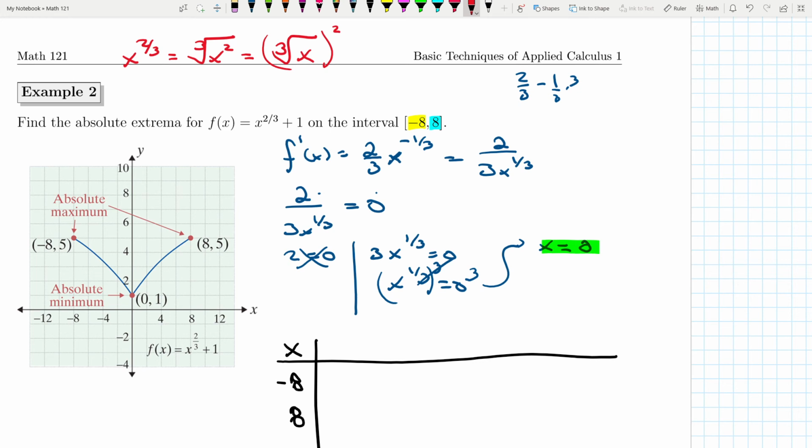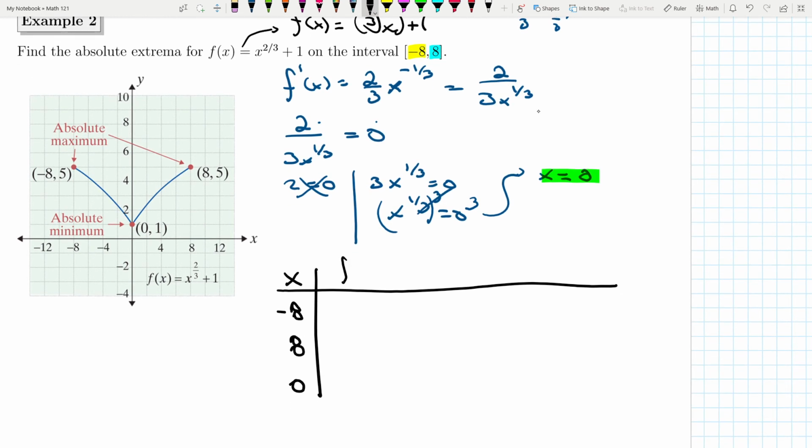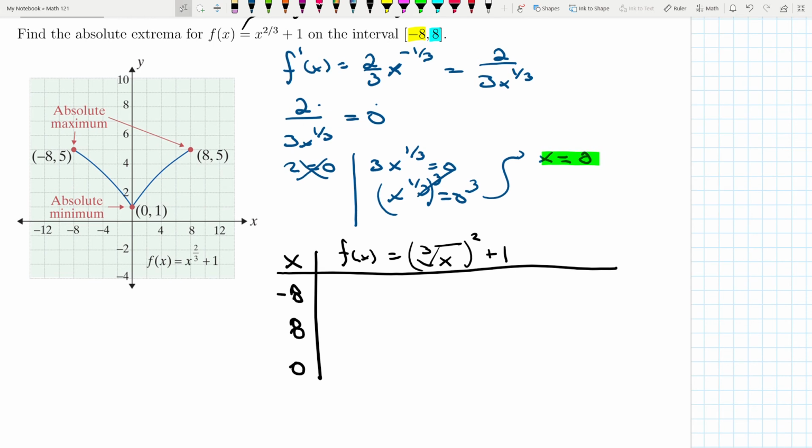So I'm going to rewrite this function as f of x equals the cube root of x, quantity squared, plus 1. Because in this case we have perfect cubes, we do the perfect cubes inside the parentheses first, and then we can square the number, so we don't get in trouble when raising the powers.